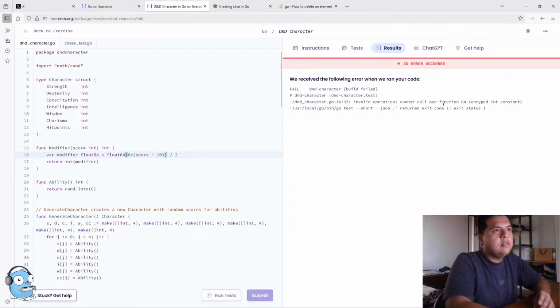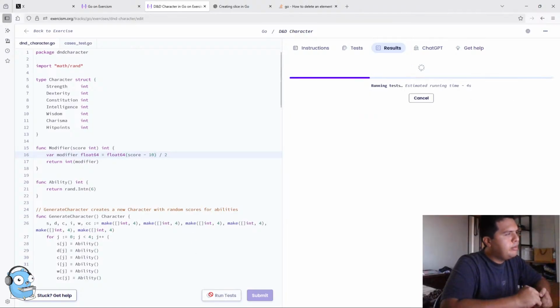But it cannot. Operation cannot call non-function 64 of type constant. Why did I put a 64 there? I forgot to put it before on the other side.